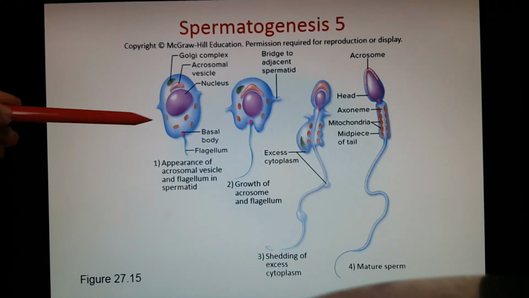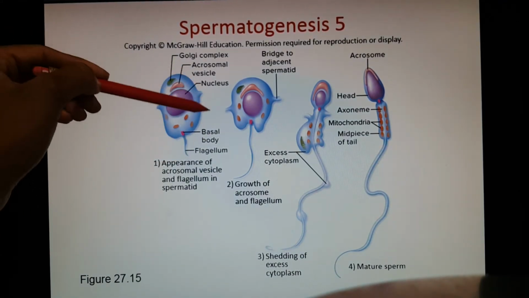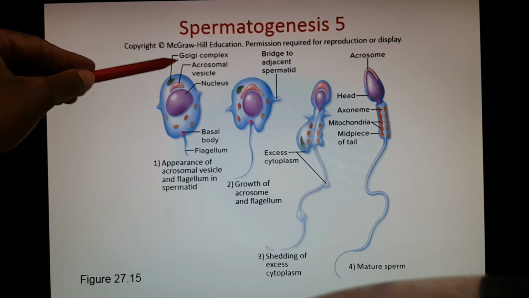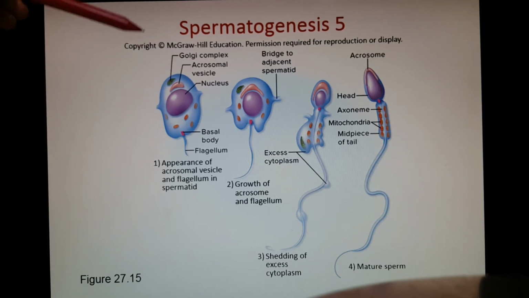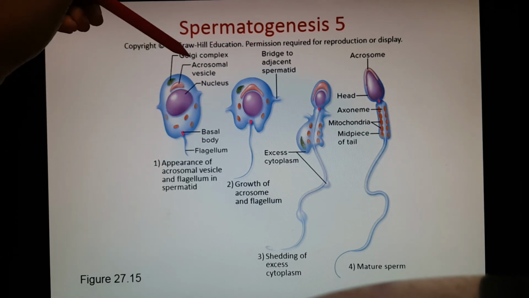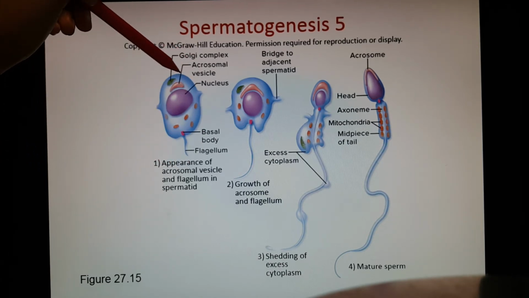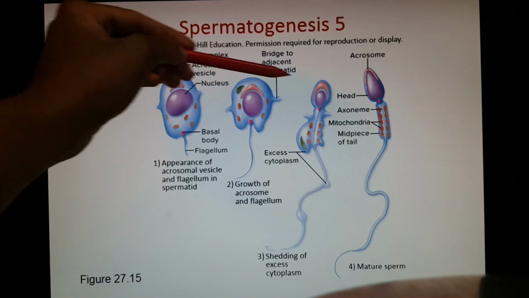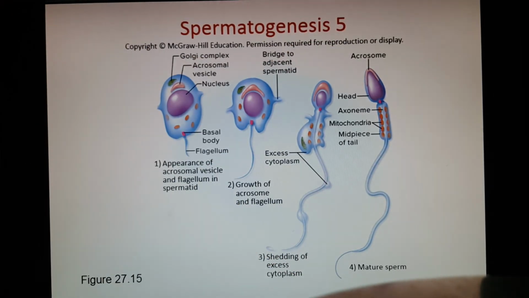So this obviously doesn't look like it's going to do too well with swimming. Not very fluid dynamic in its shape. So there's a process to help develop this spermatocyte into the mature sperm.